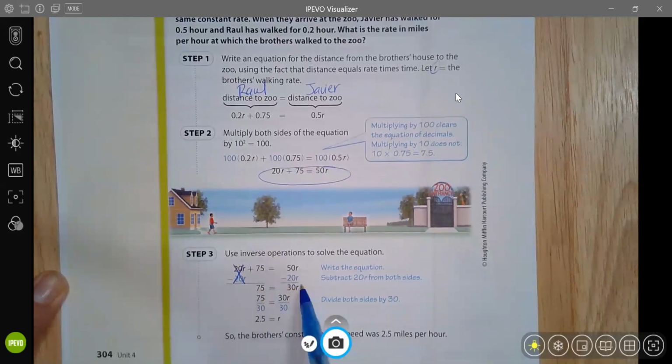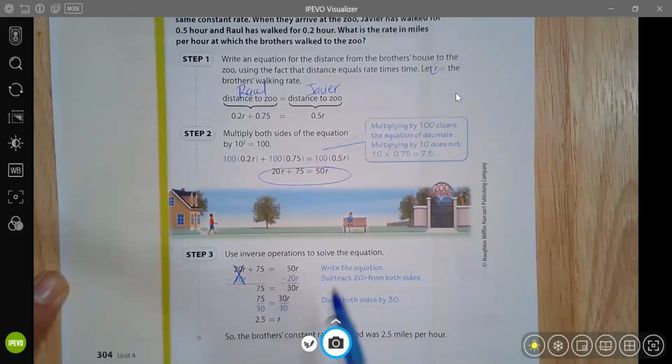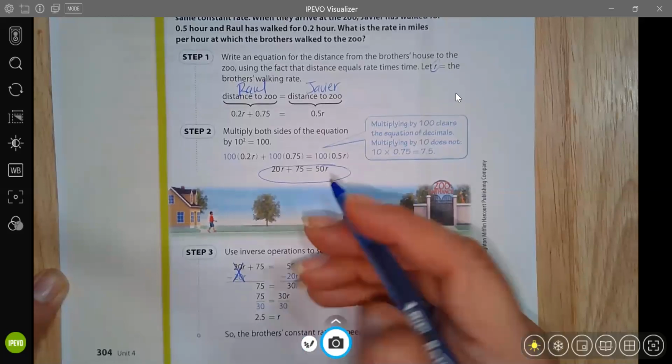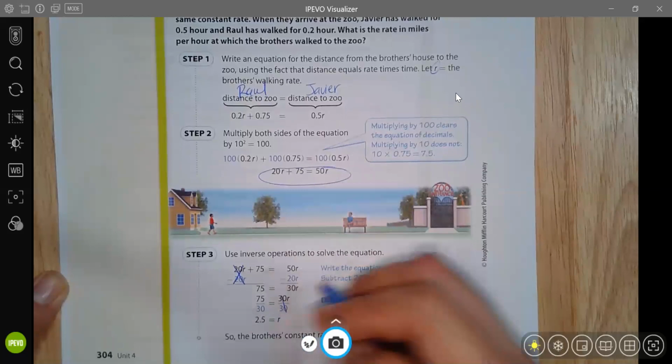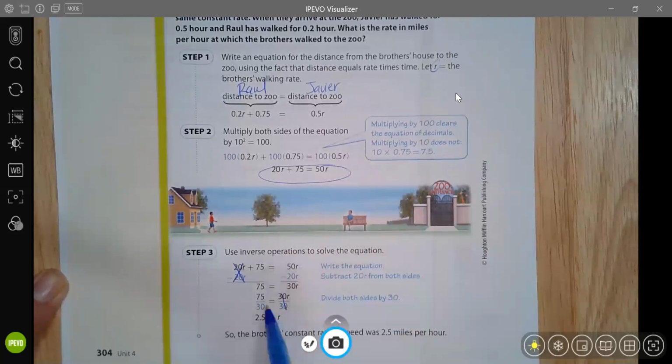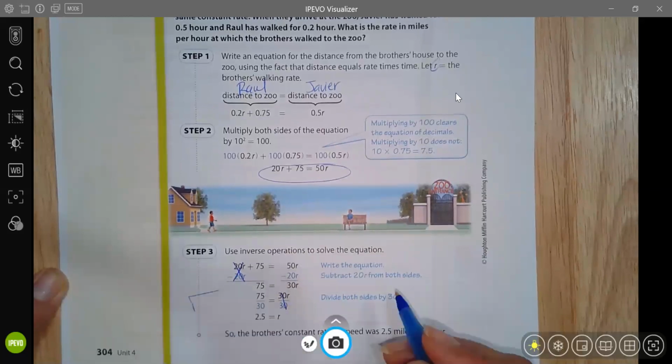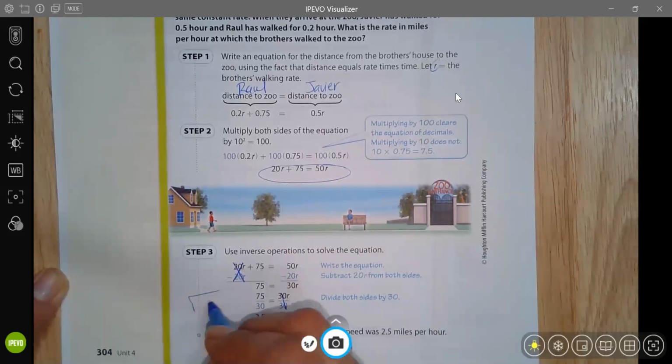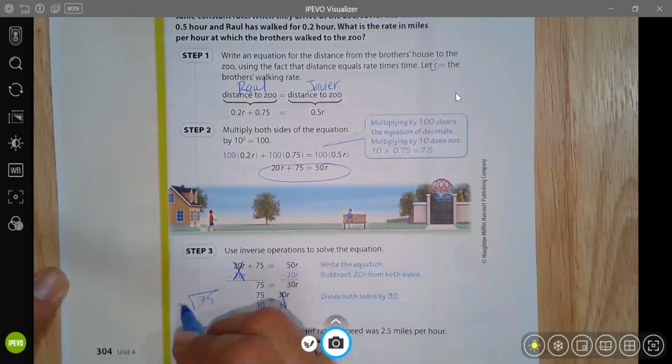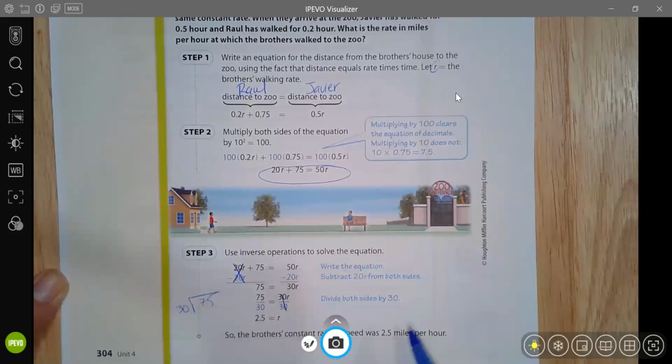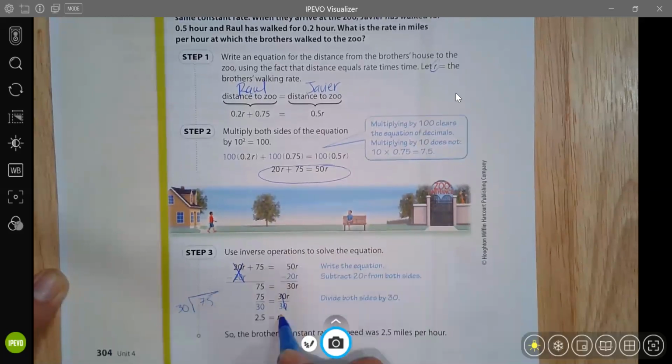And I need to get R by itself. Since this is multiplying, I need to now divide both sides by 30. Awesome. So 30 divided by 30 gives us R, which is what I have here. And now for 75 divided by 30, you would just do simple TIBO, top in, bottom out, and then do the division to give us the answer.